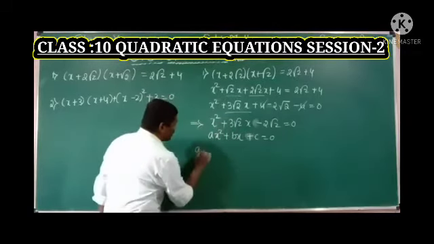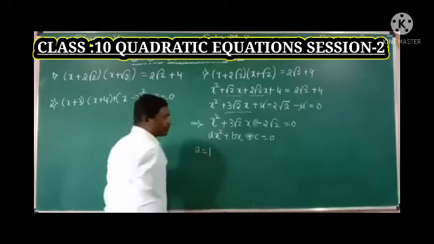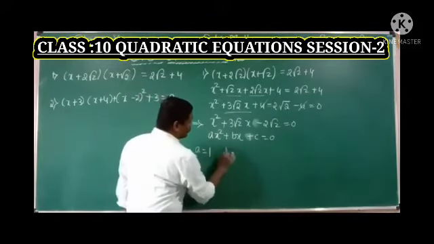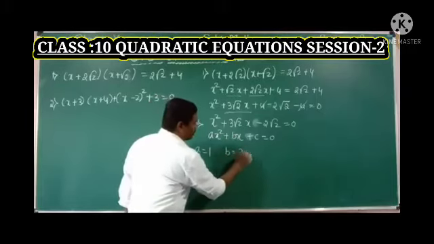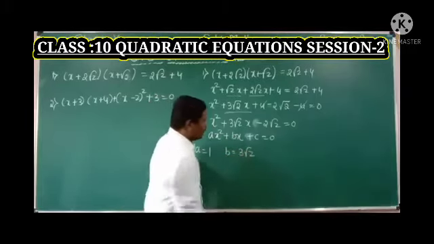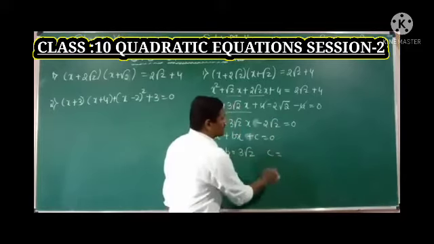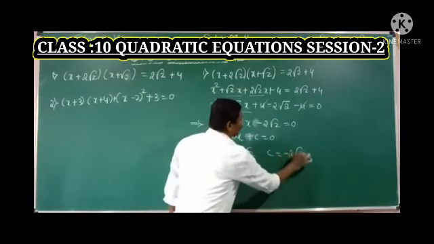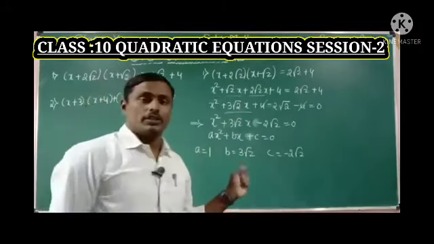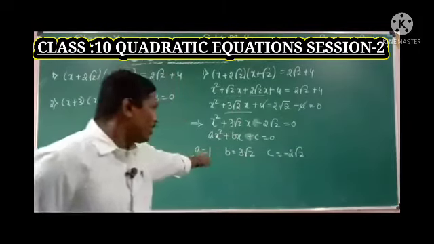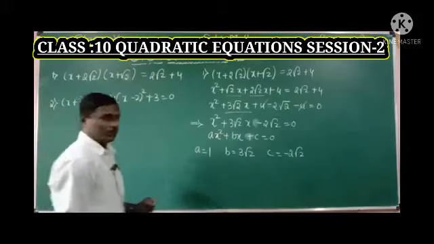It means a, the coefficient of x square, is 1. The coefficient of x means b is equal to 3 root 2, and c, the constant value, is minus 2 root 2. So these are the three required values of a, b, c, right?